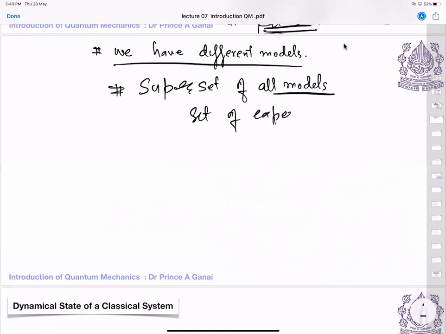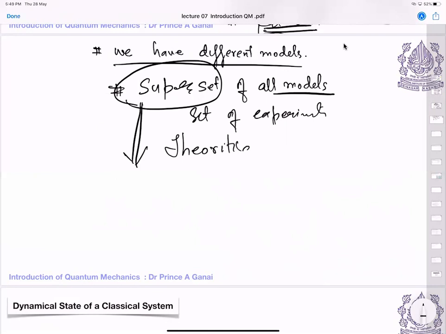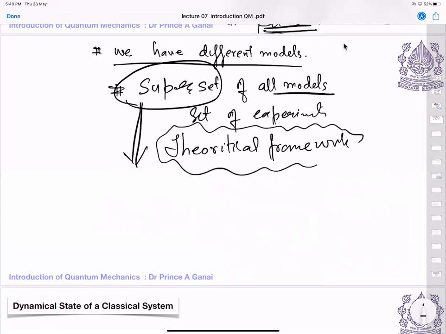So that's how things work. After you have this superset that can entertain all the models and that has refined all the proposals, then at last you have a theory, a theoretical framework. So this comes at the final stage, right?